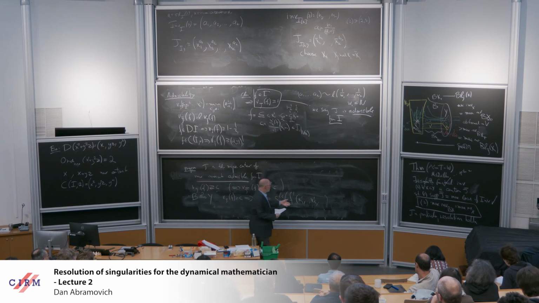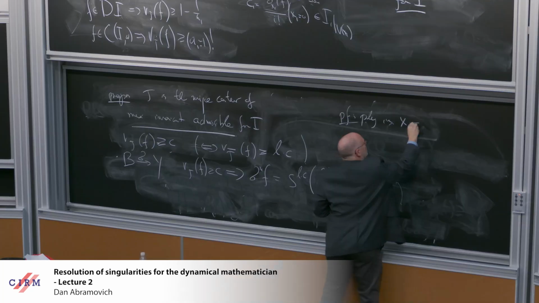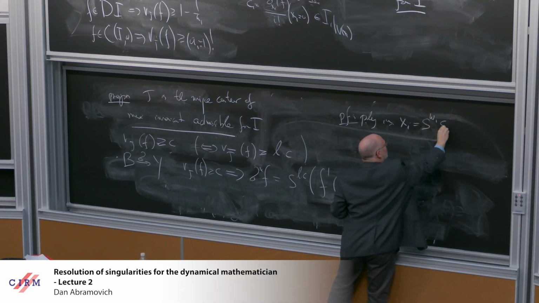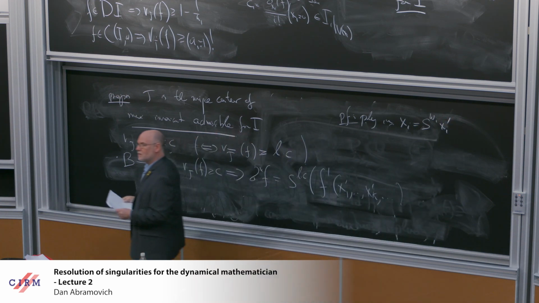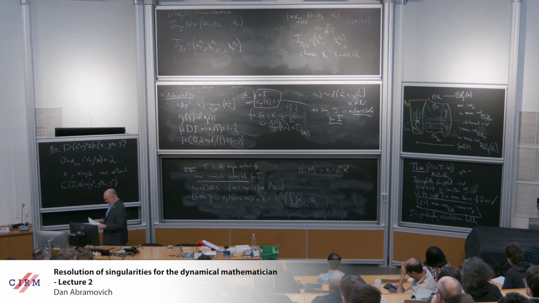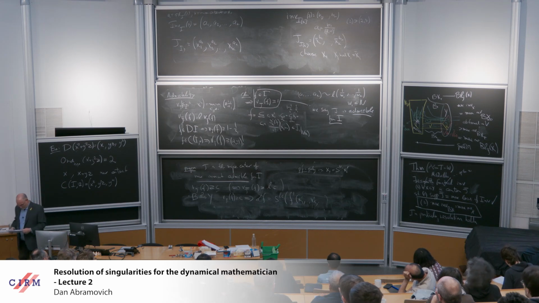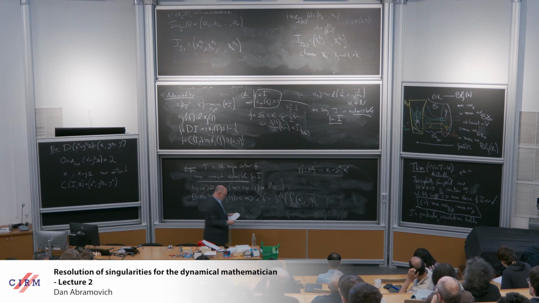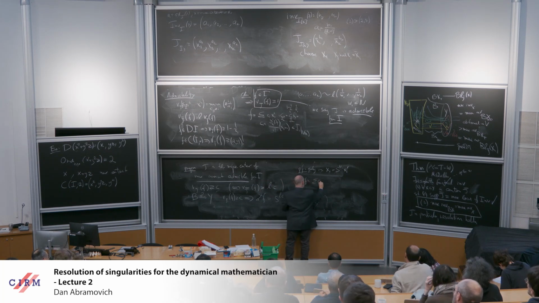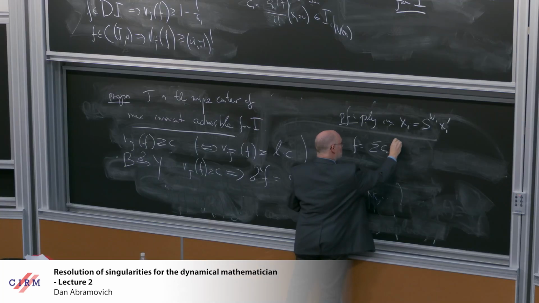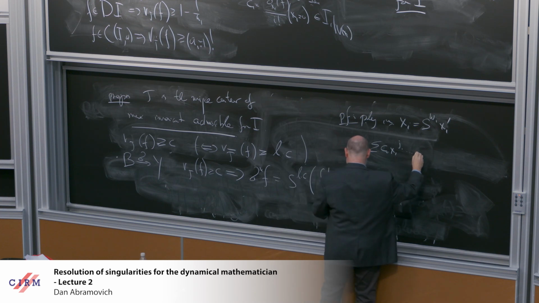How do you see this? You just plug in xi equals s to the wi xi prime and calculate the valuation. So this is just a computation of valuations. So you write f as a summation of ci x to the i.